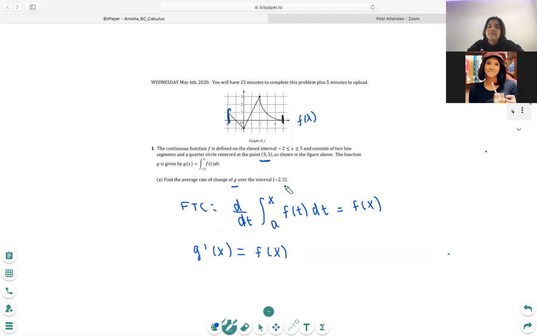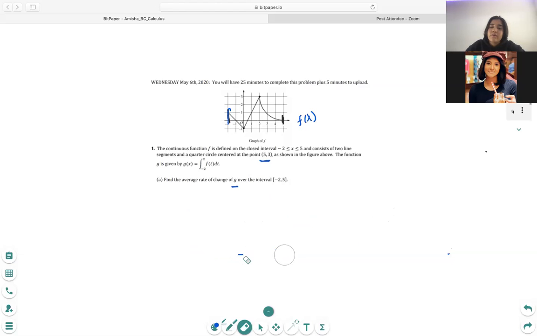So when I think about change, I think of g prime, or the slope of g. So what we can do here, instead of thinking about FTC, we think about delta y over delta x. That is what ideally slope is, right?